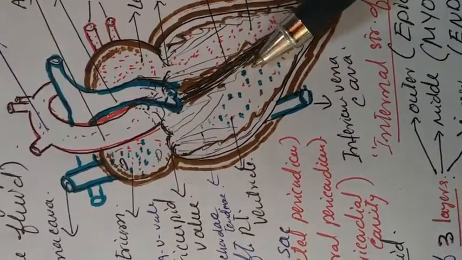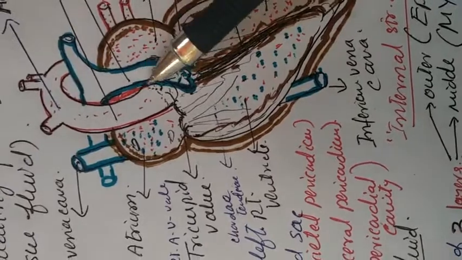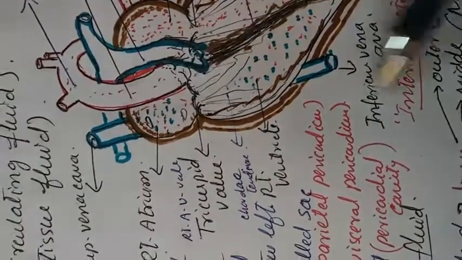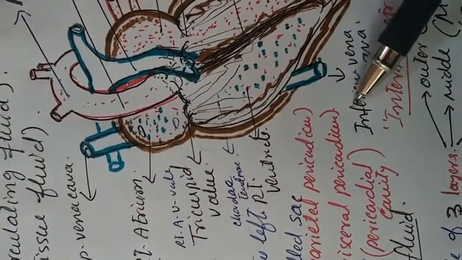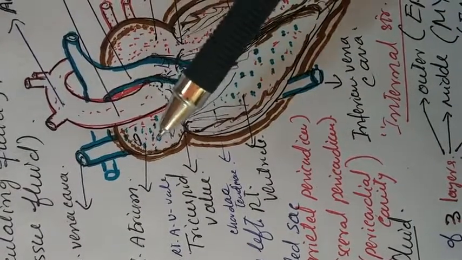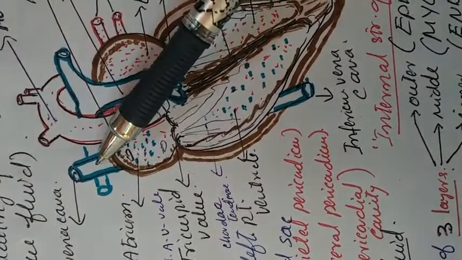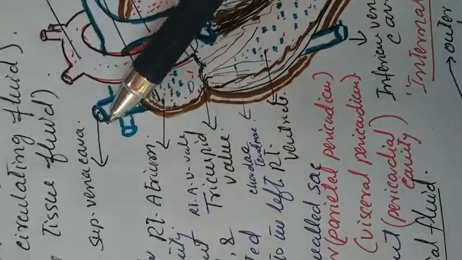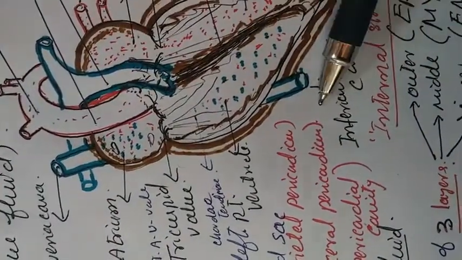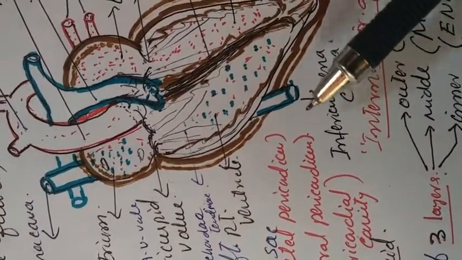Now, the right auricle, as you can see, receives the inferior vena cava and superior vena cava. The blood in this chamber is received through these two large veins, the superior vena cava, SVC, and the inferior vena cava, also termed IVC.